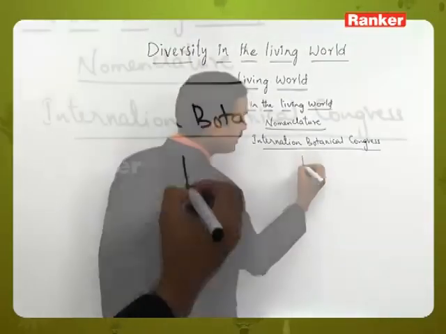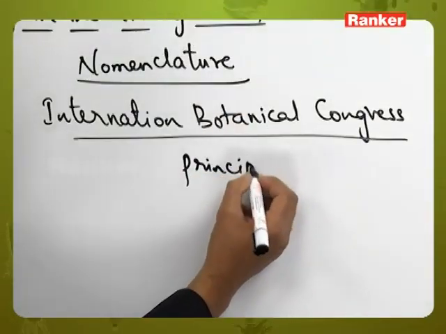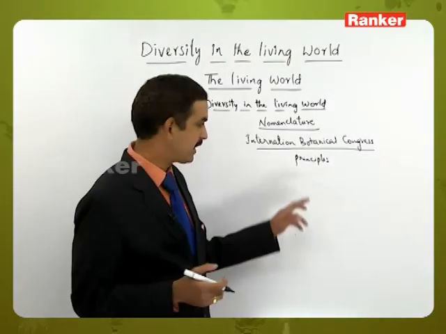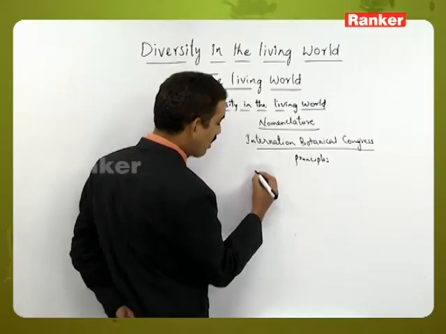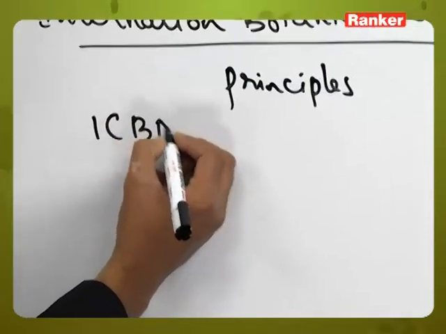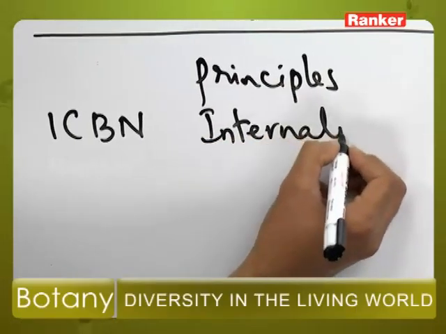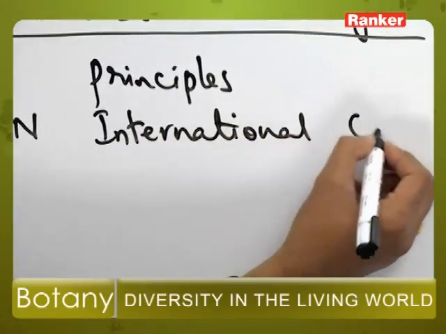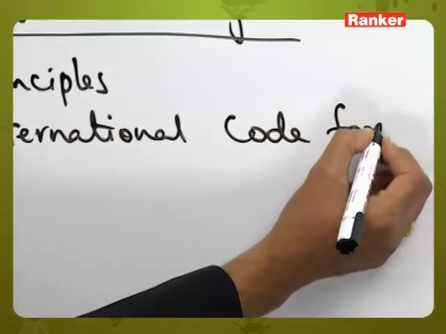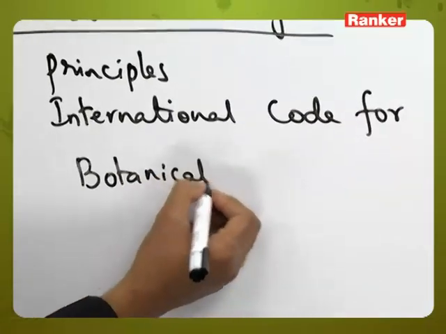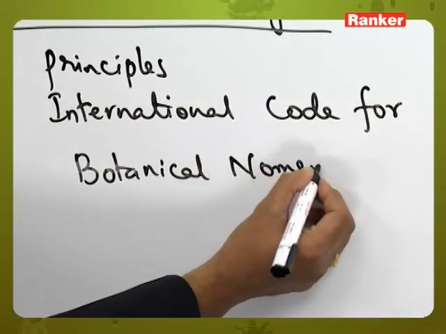These principles have to be followed for naming and writing related to binomial nomenclature. These principles are called the ICBN rules, or the International Code for Botanical Nomenclature.